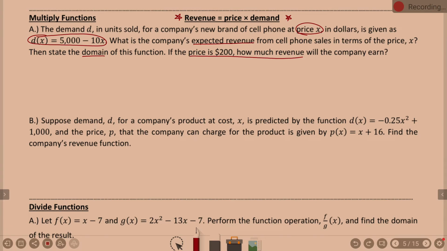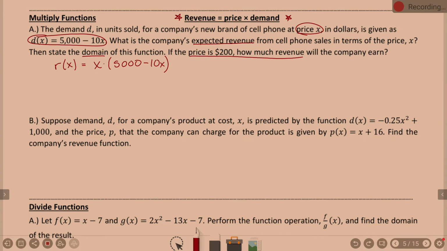So in order to find revenue, I'm going to write it as R of X, which stands for revenue, of course. Now we're doing price times demand. The price was what? X times the demand, which is 5,000 minus 10X. Okay.